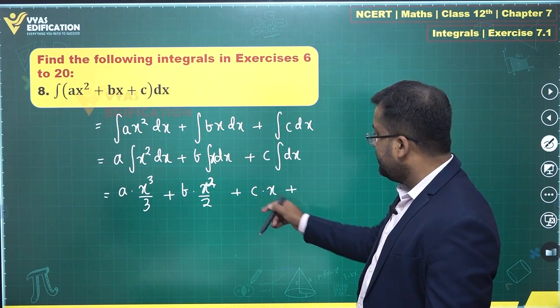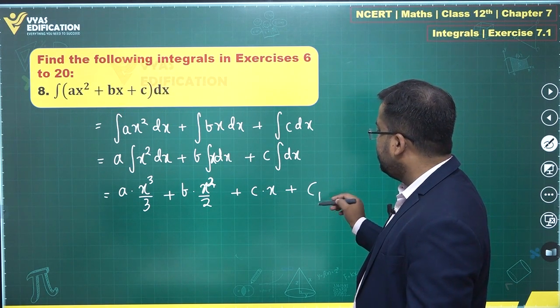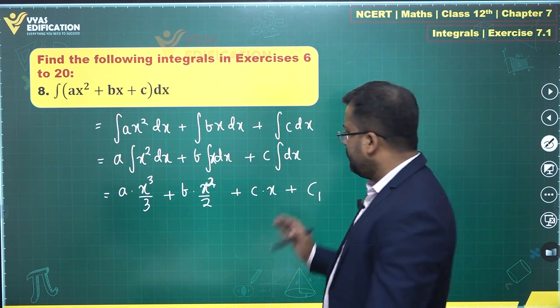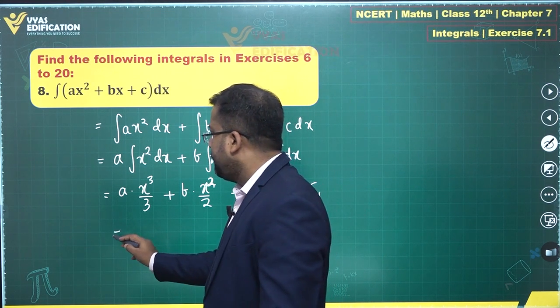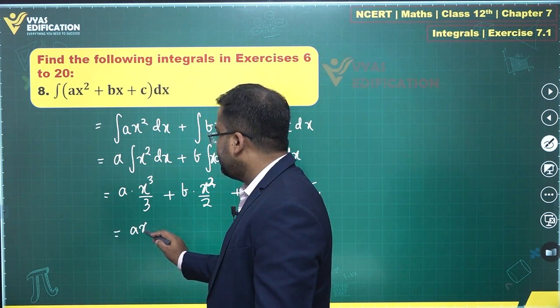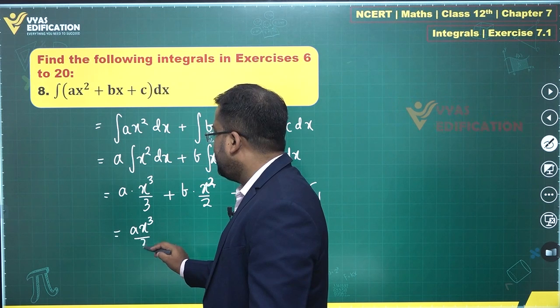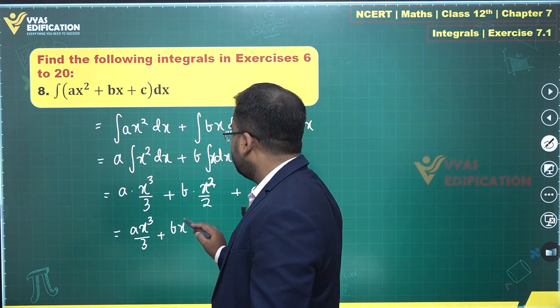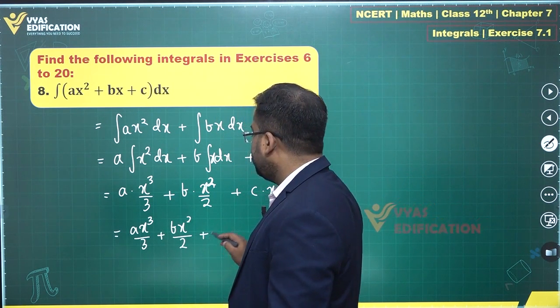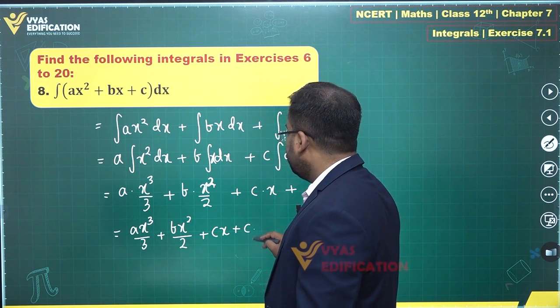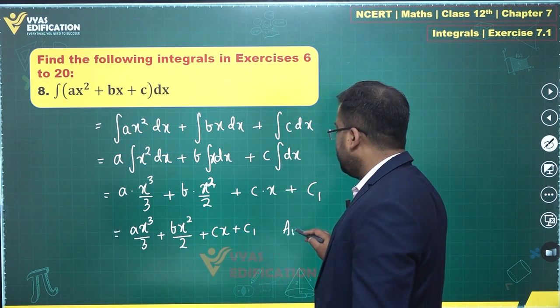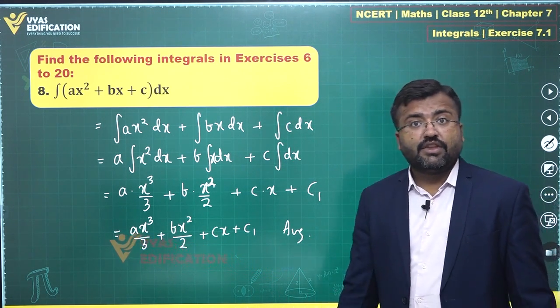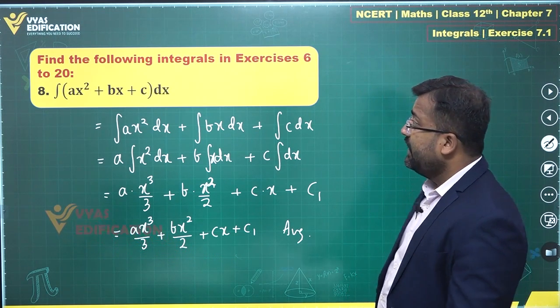Since c is already being used, let's use c1. We could have used d as well, but this is the constant of integration. That's what you're using. This is a x power 3 by 3 plus b x square by 2 plus cx plus c1, and yes, that is the required answer for this question. That's the final solution for this 8th question.